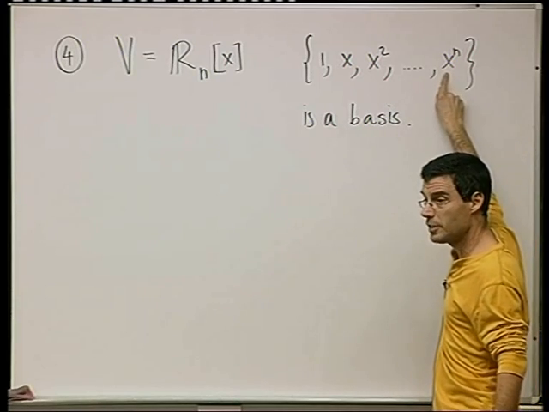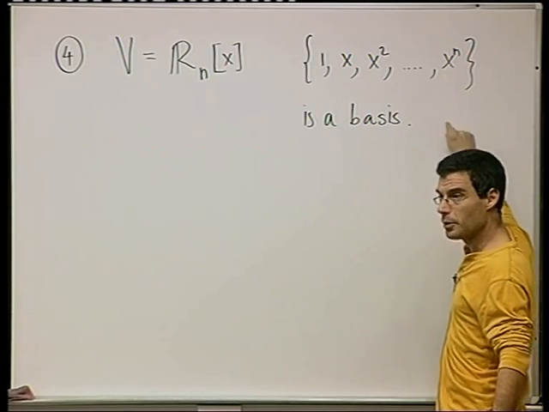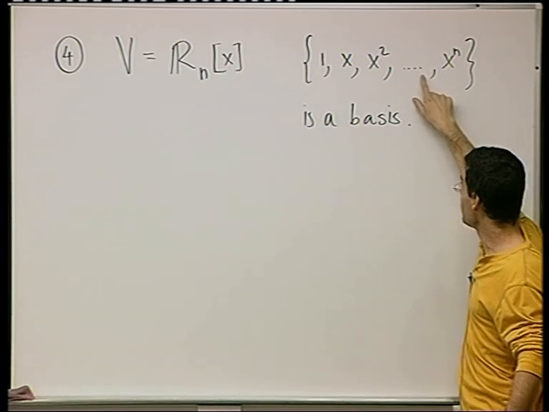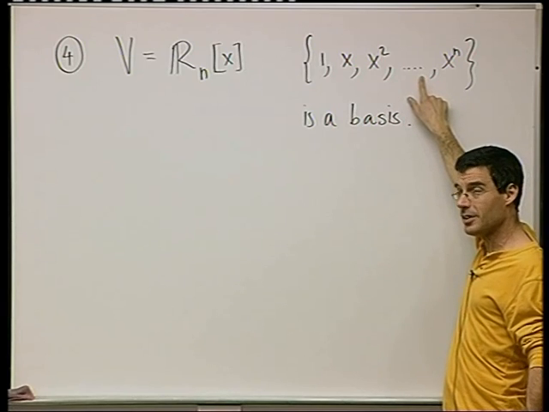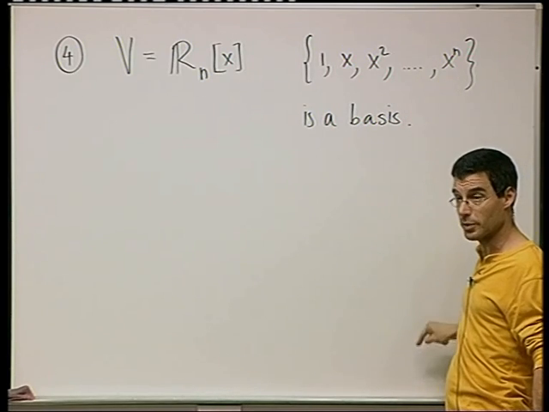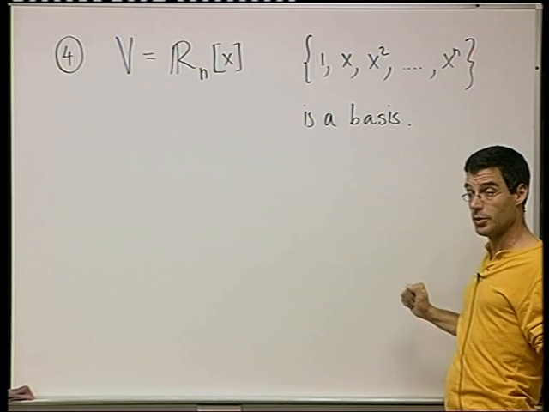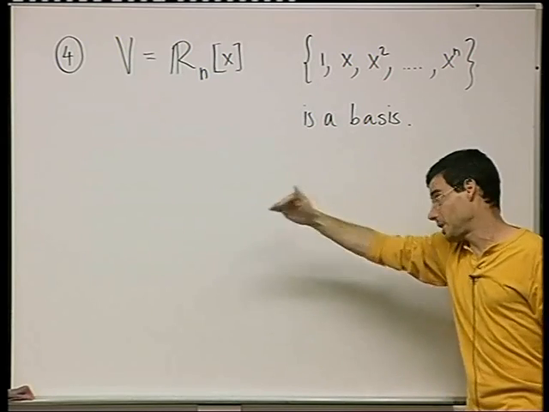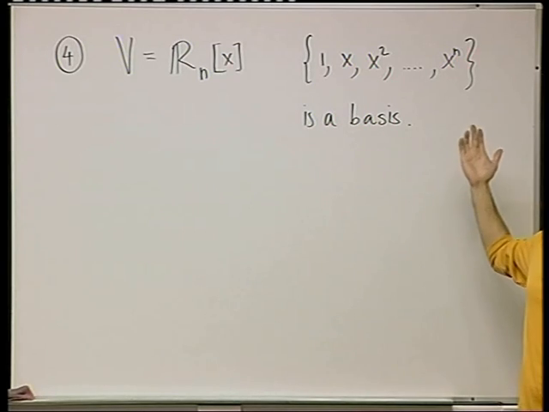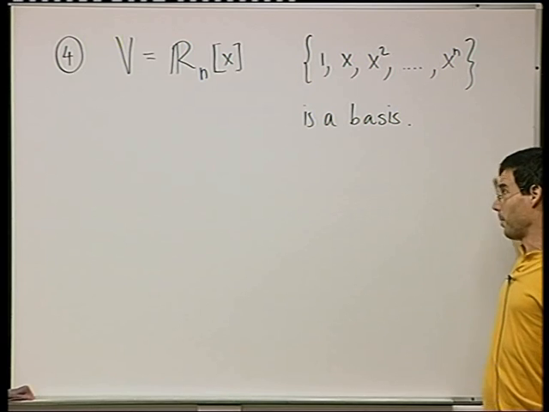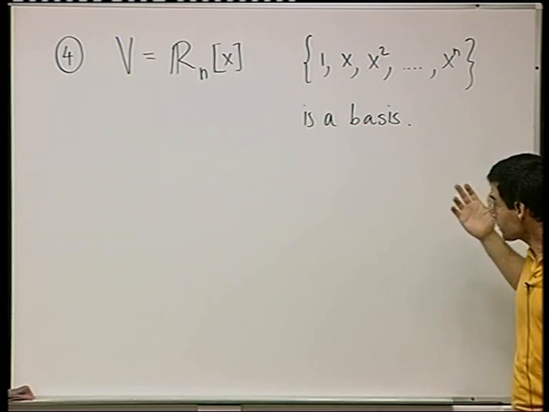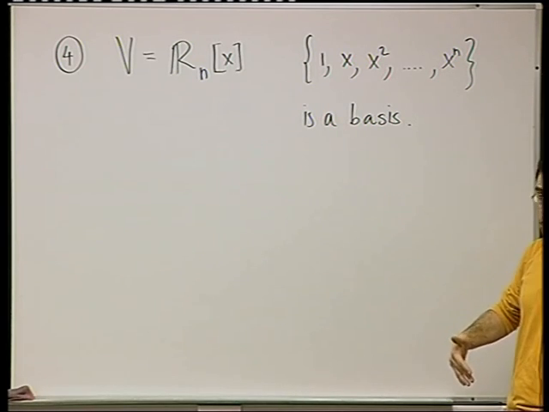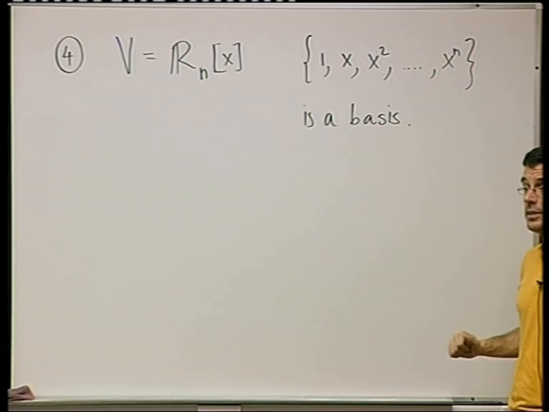Here the coefficients are 1, 0, 0, 0, and 0 for all the other powers of x. Here, for x to the n minus 1, it's going to be 0, 1, 0, 0, 0, and so on. Those are the coefficient vectors for these polynomials. Straighten them out in a matrix. They're already the identity matrix. No zero rows, already in reduced form, so they're linearly independent.